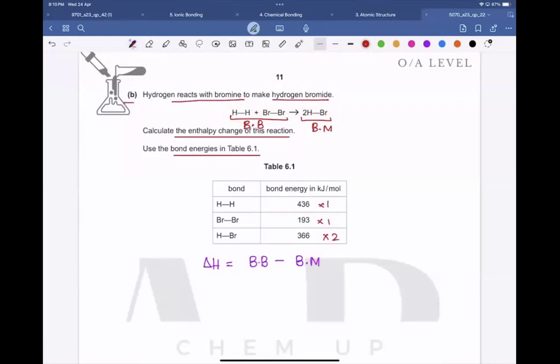So there are 2 bonds which are broken, the hydrogen bond and the bromine bond. I'm going to write 436 plus 193, because these are the energies for the bonds which are broken, minus the bond which is made, which is twice 366. Can anyone calculate it and tell me the answer, please?